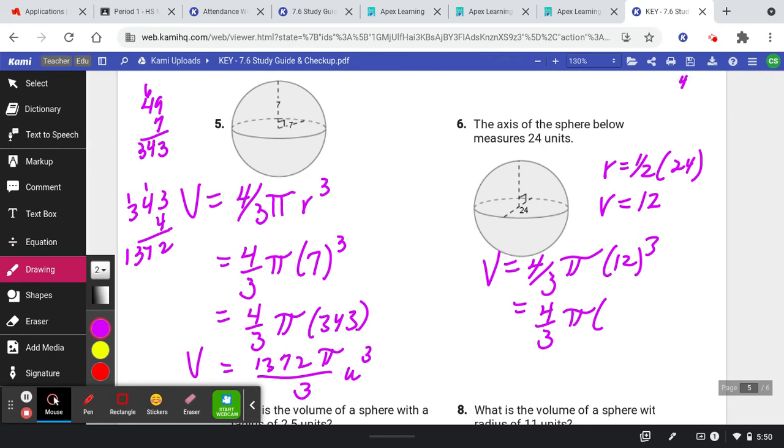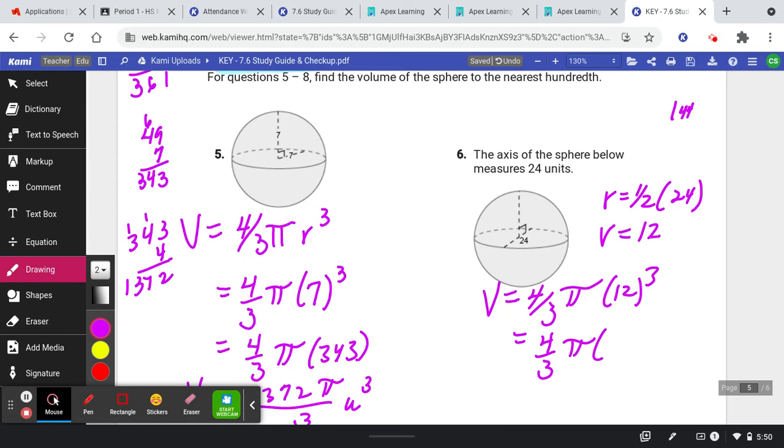So 144 times another 12 is 1728, and that is divisible by 3.